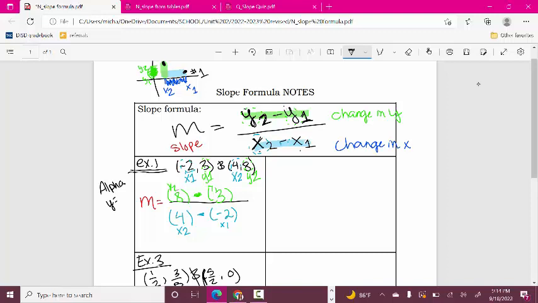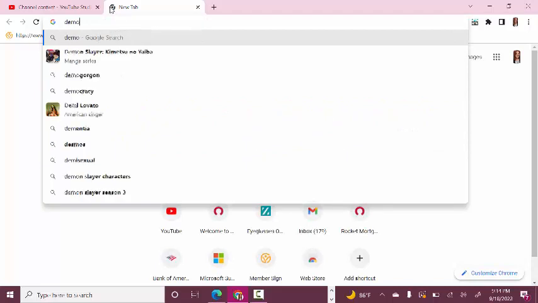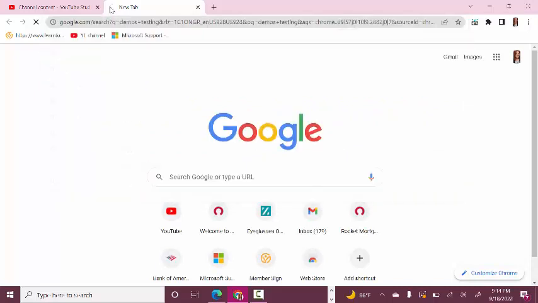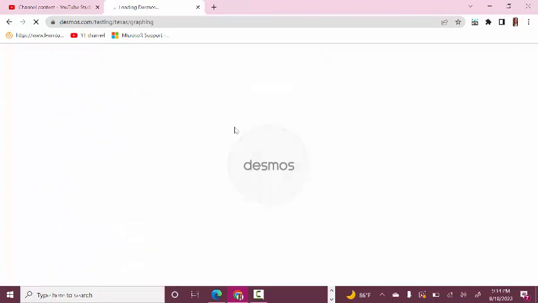Another way is to open up Desmos and type it in on that. So we'll go to Desmos, the testing calculator. My internet's so slow.